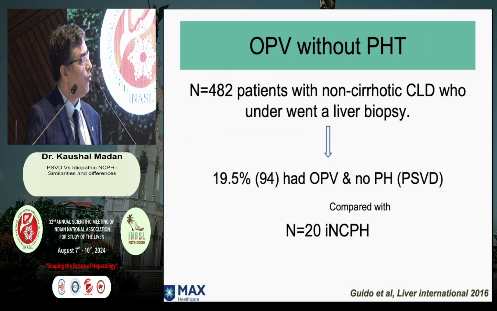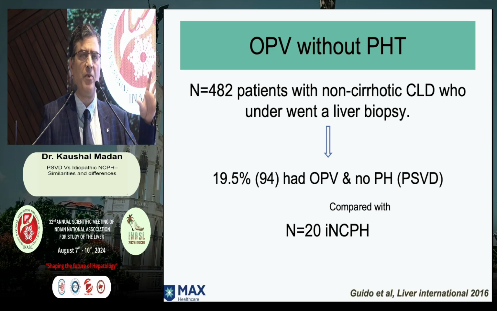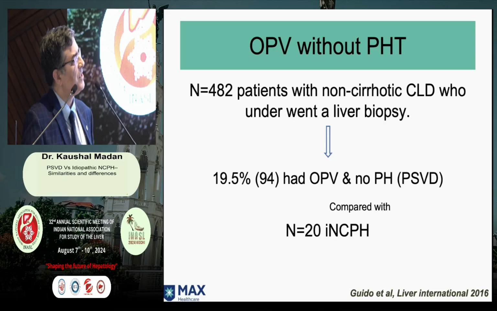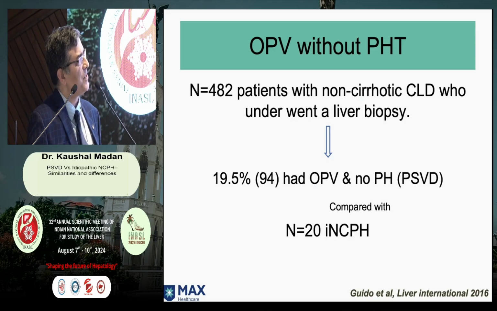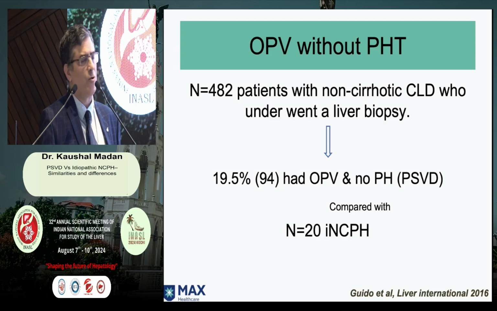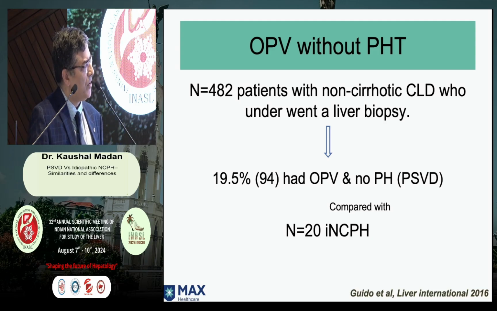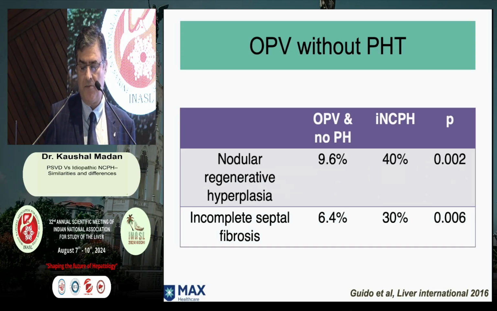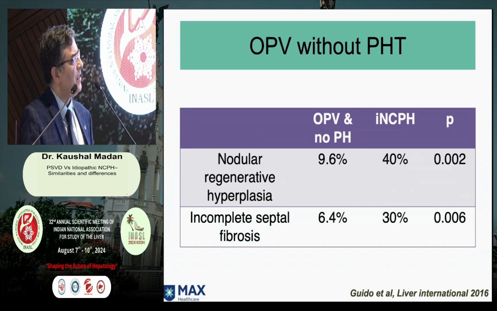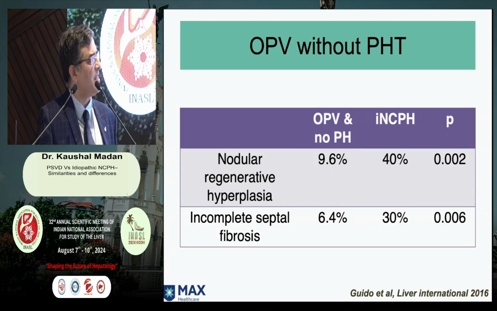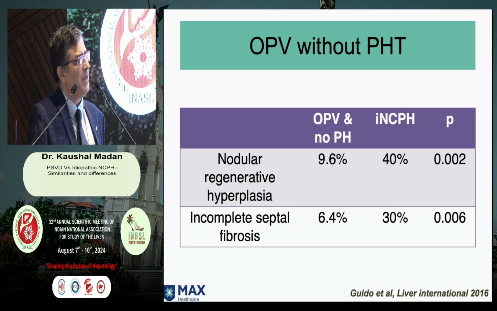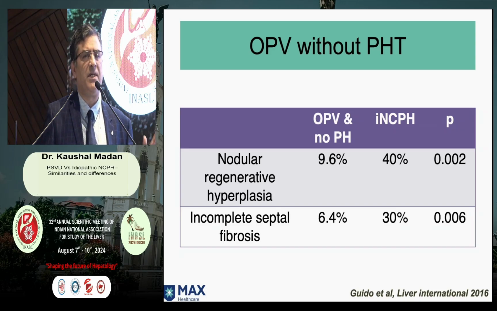Another study, OPV without portal hypertension. Remember, OPV without portal hypertension is PSVD. So 428 patients with non-cirrhotic CLD who underwent a liver biopsy, 20% had OPV without portal hypertension. These were compared to 20 patients with INCPH, and they found that the prevalence of NRH and incomplete septal fibrosis was more in patients with INCPH, suggesting that PSVD may be an earlier stage of INCPH, but we don't know this.